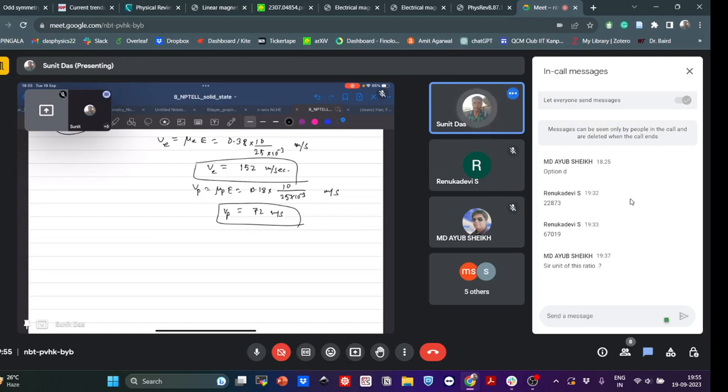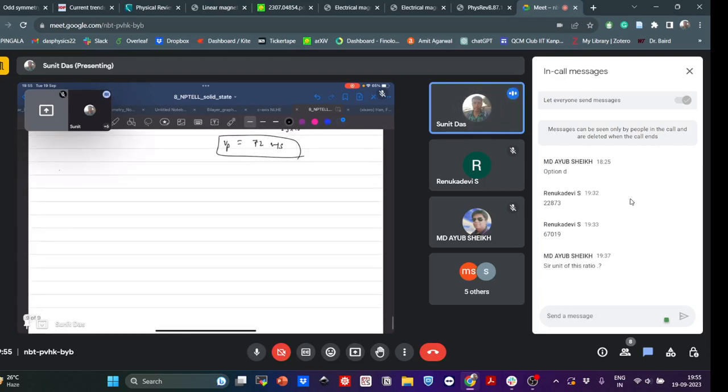Now there can be another question related to this. Find the intrinsic conductivity, sigma, of germanium given carrier concentration is 2.5 into 10 to the power 9 per meter cube, right?